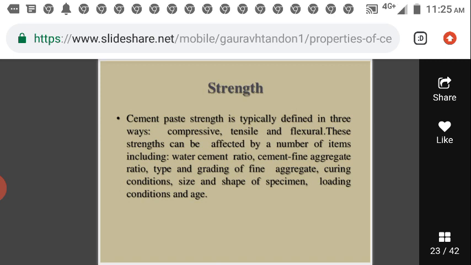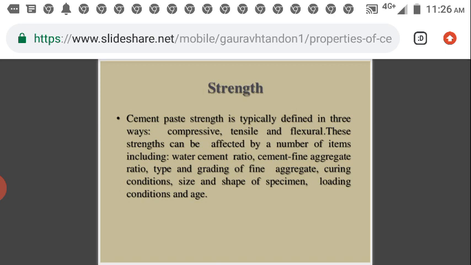Cement paste strength is typically defined in three ways: compressive, tensile, and flexural. Maybe some of you have already conducted some of these tests: the compressive test, tensile strength, and flexural strength.